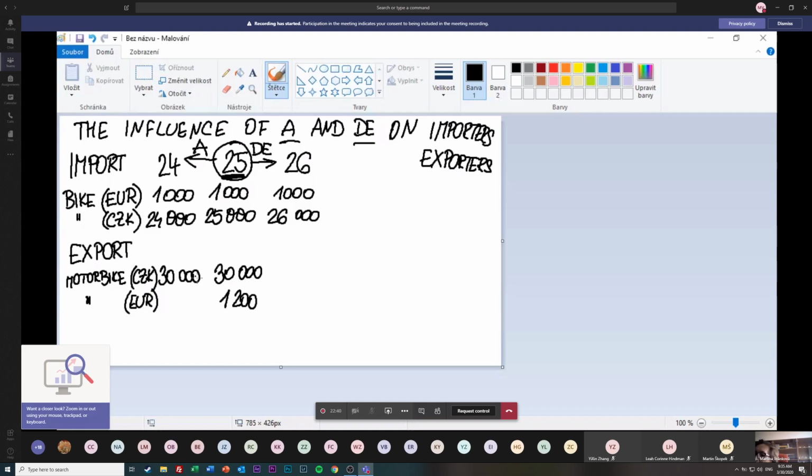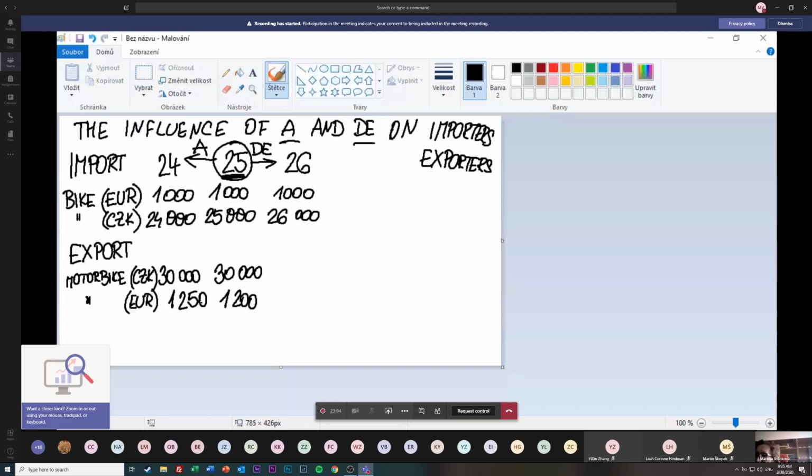Now you can see I can sell this motorbike in the German market more expensive. Now it's 1,250, so I will not be so competitive.